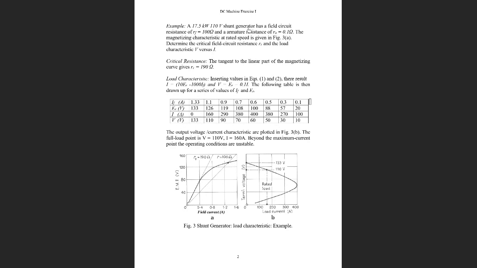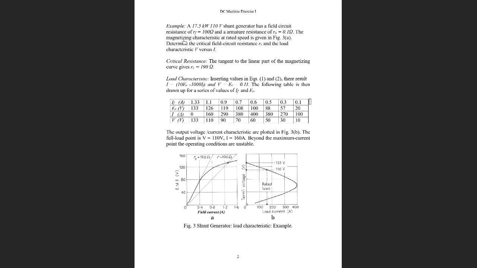The shunt generator has a field circuit resistance RF equal to 100 ohms and an armature resistance RA of 0.1 ohms. That's why in the above slide we assume that RA is much smaller than RF. That's true in practice.